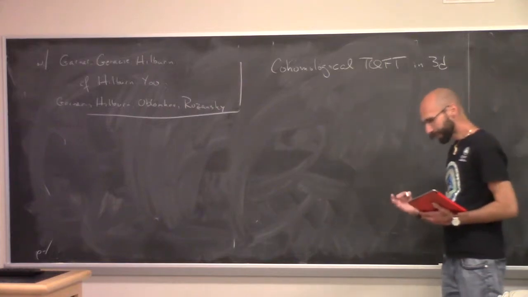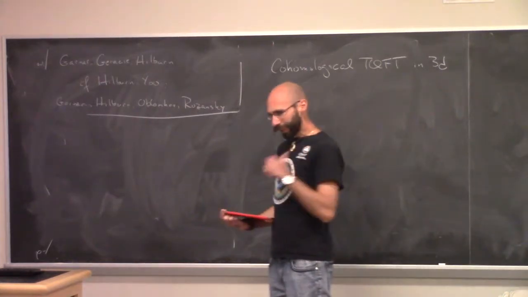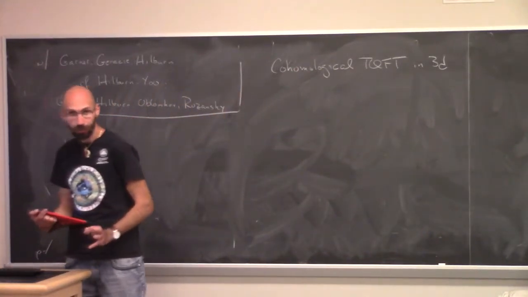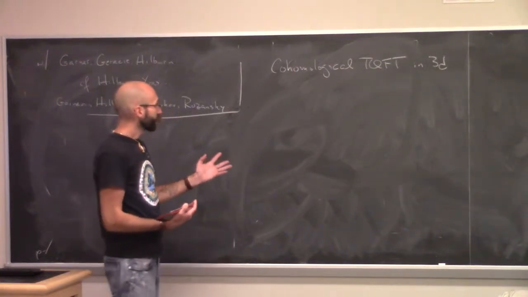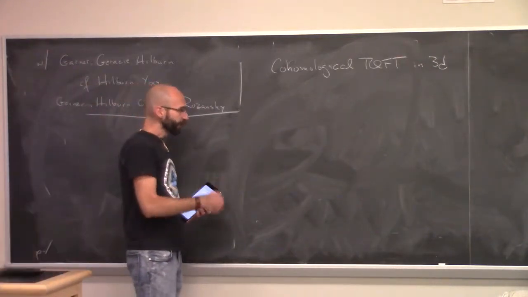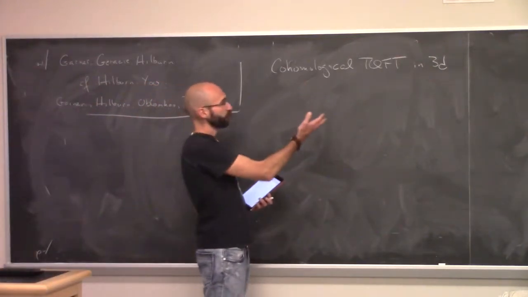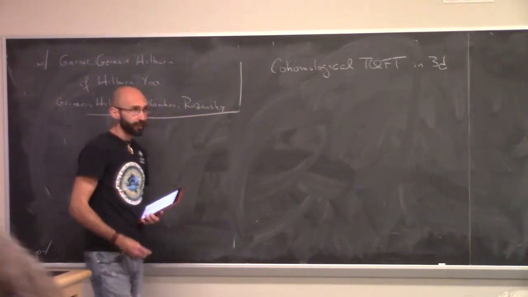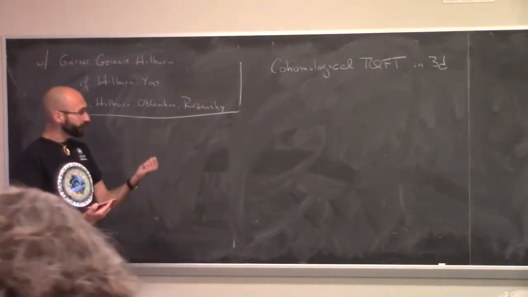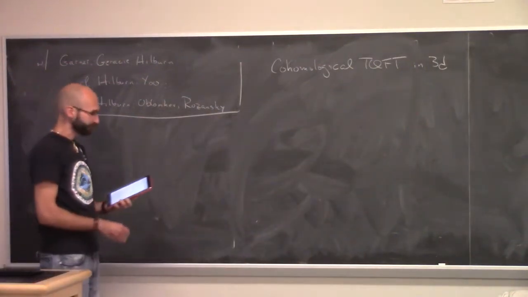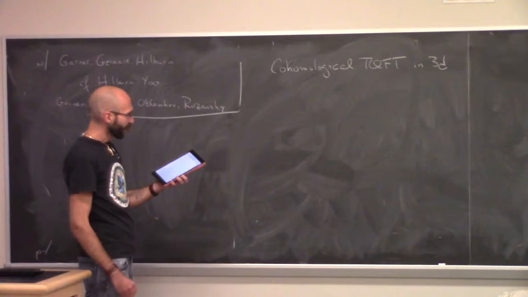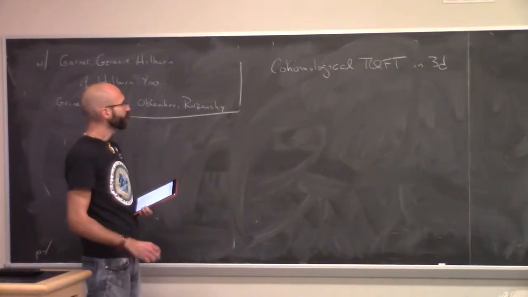Rozansky and Witten considered what I will be calling the B-twist of 3D sigma models with a hyperkähler target. And then Kapustin, Rozansky, Saulina wrote a follow-up paper in which they described a lot of the cohomological and algebraic structure that should exist in these sigma models. And that's really the thing I'm going to be trying to generalize to gauge theories and to A-twists throughout the talk. Before I get there, though, let me explain what I mean by cohomological TQFT.